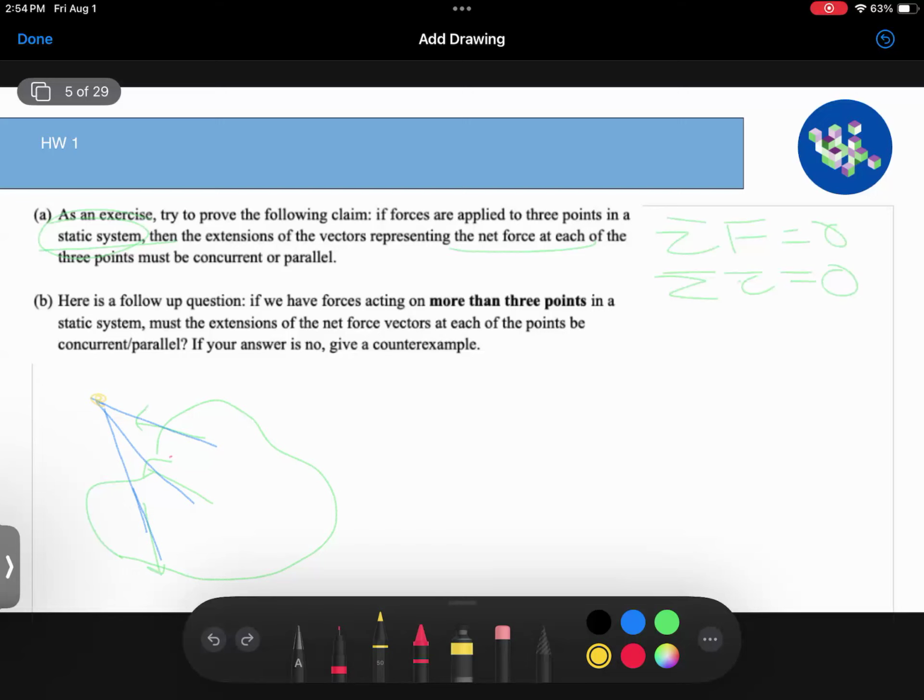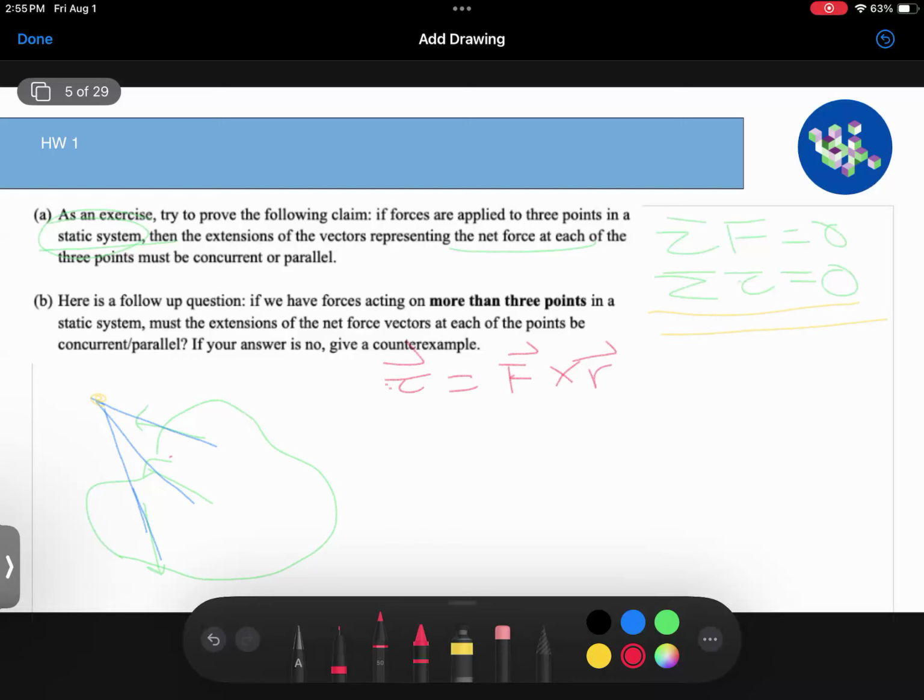Well, let's go back to our definition of torque, right? What's the definition of torque? Remember, we said torque equals F cross R, the force vector crossed with the radius vector. Torque will also be a vector.